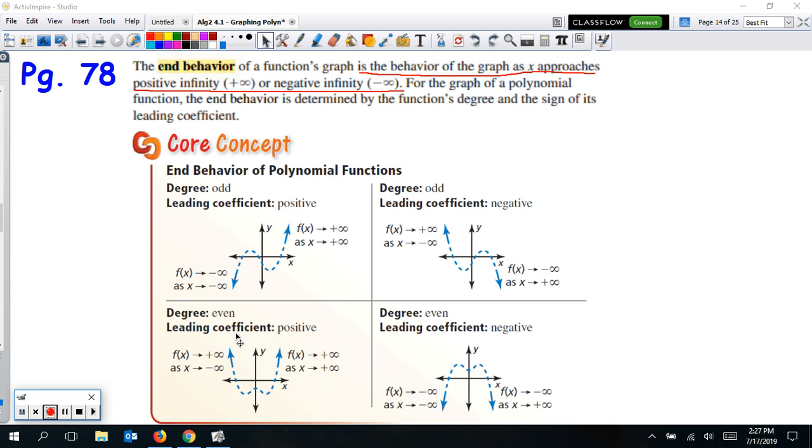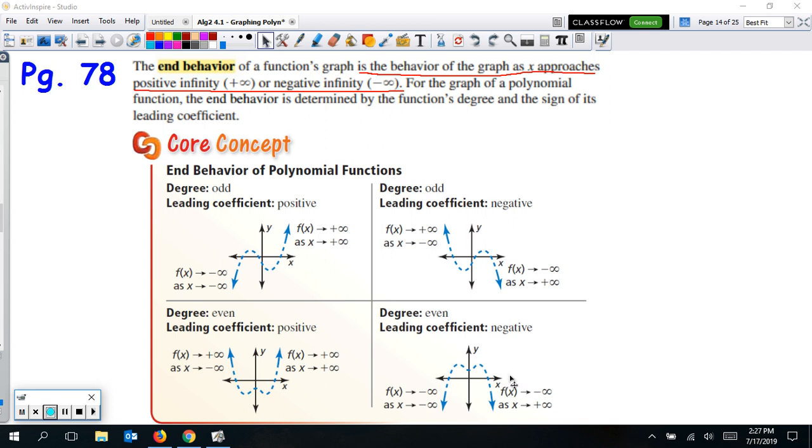Down here your degree is even, so we can have an x squared, x to the 4th, x to the 6th, that kind of function. And then the other one is the leading coefficient, the coefficient of that leading term, when that is positive or negative. So these 2 are positive over here. This is when that leading coefficient is a positive number, the number in front of that leading term. And when that number is negative, then it's doing this.